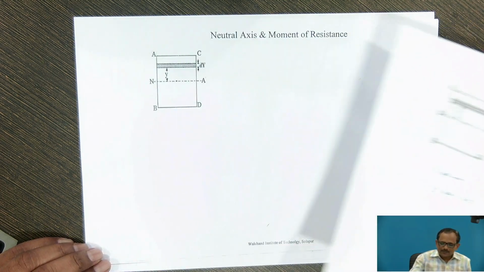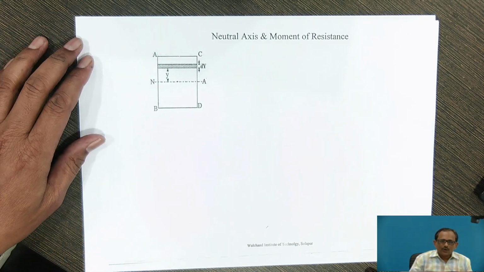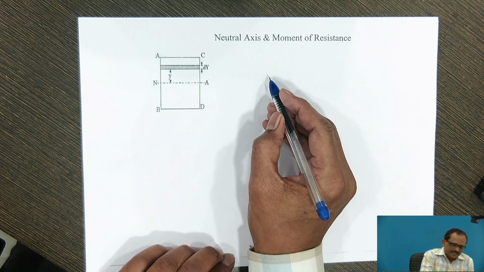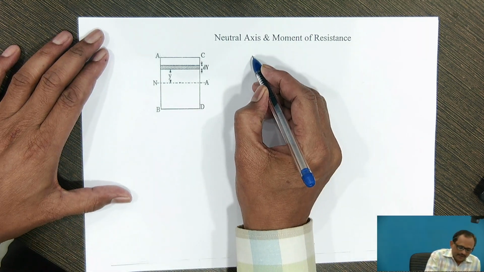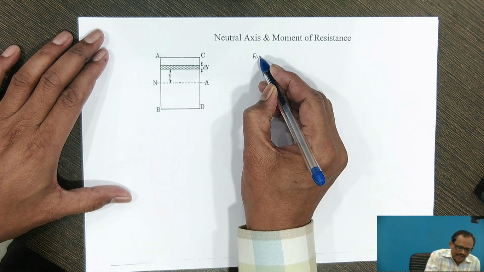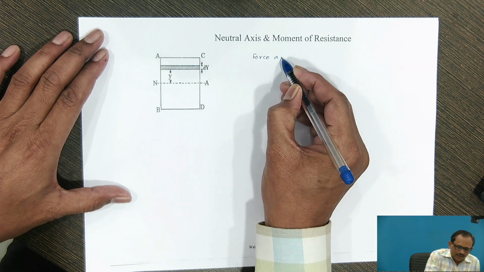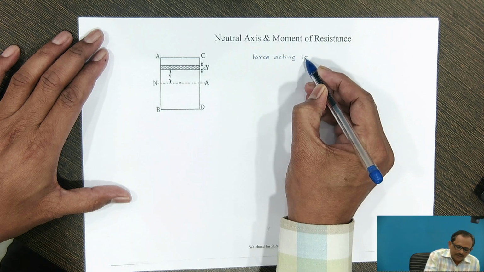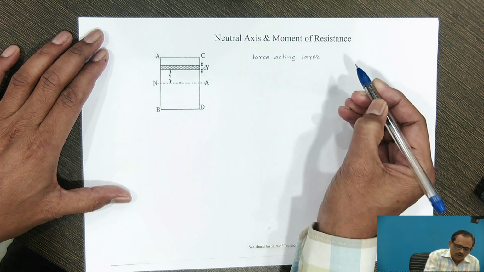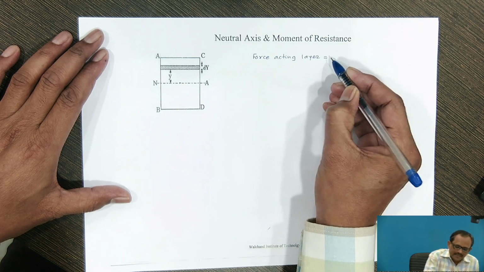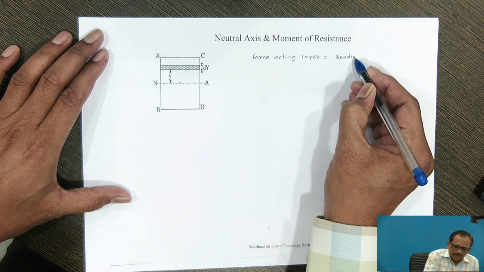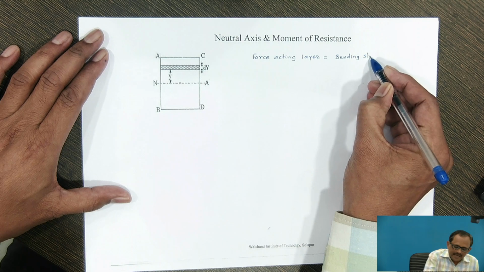Now the next part, that is moment of resistance. In the previous section we have calculated the force acting on a layer which is at distance y from the neutral axis. So the force acting on the layer is given by the bending stress acting on the layer multiplied by its area.